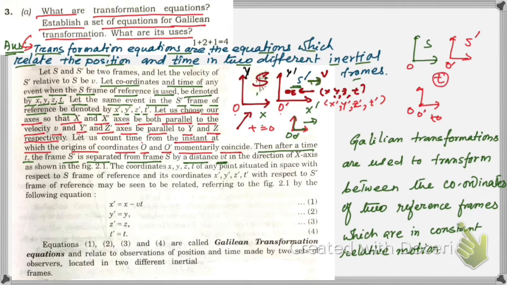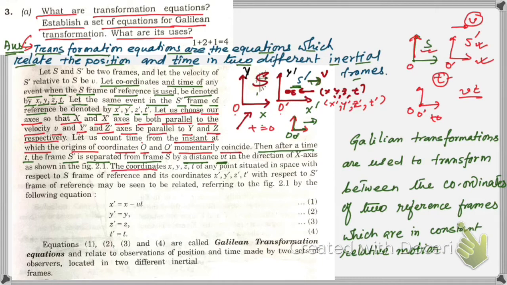After time t, it moves with velocity v and gets to this position. The distance traveled by this frame S dash, if it is moving with velocity v for time t, is velocity into time. So the distance traveled by frame S dash with respect to S will be v into t. So it is a basic concept. I hope you have understood this.